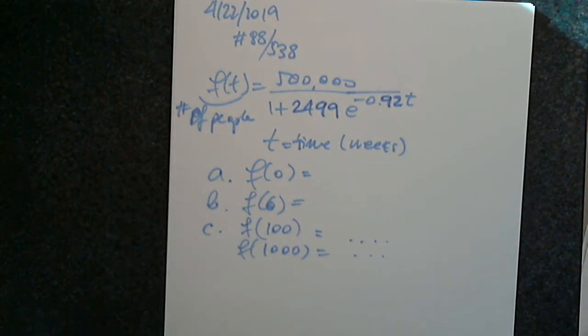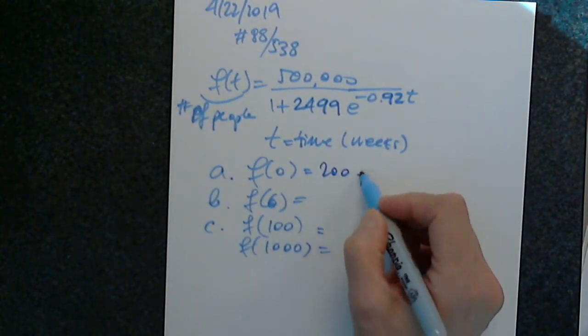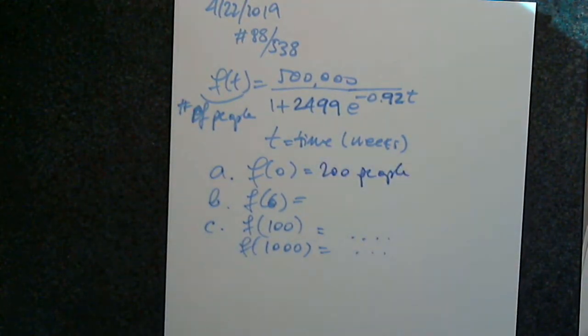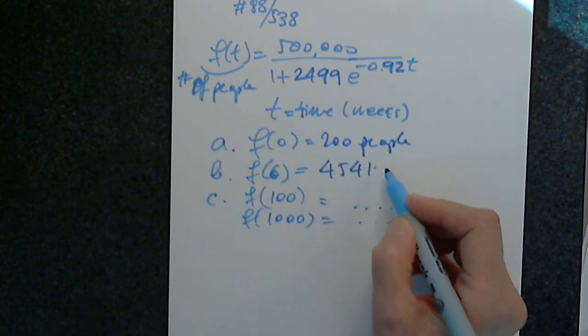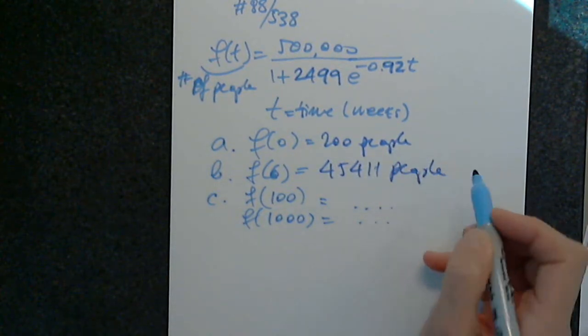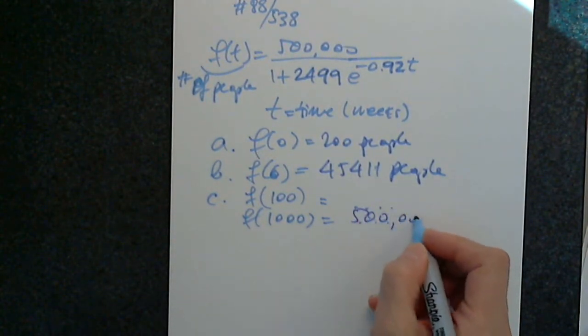How many people were ill initially? 200 people. How many got sick or were sick by the end of the 6th week? 45,411 people. Thank you. And then as time goes by, in other words, the number of weeks increases and increases and increases, what do I get? Yes, that's the limiting size.